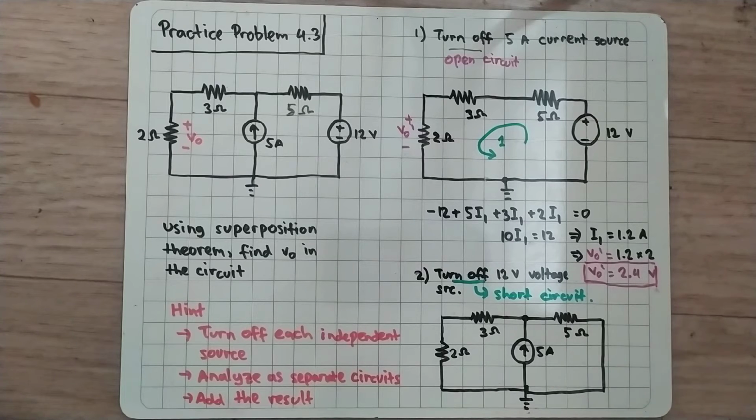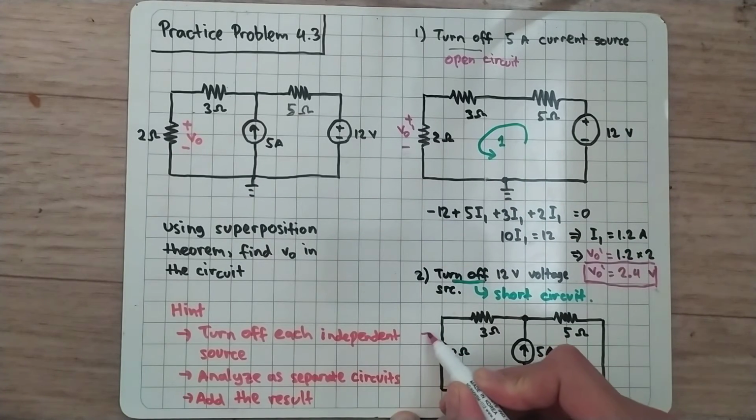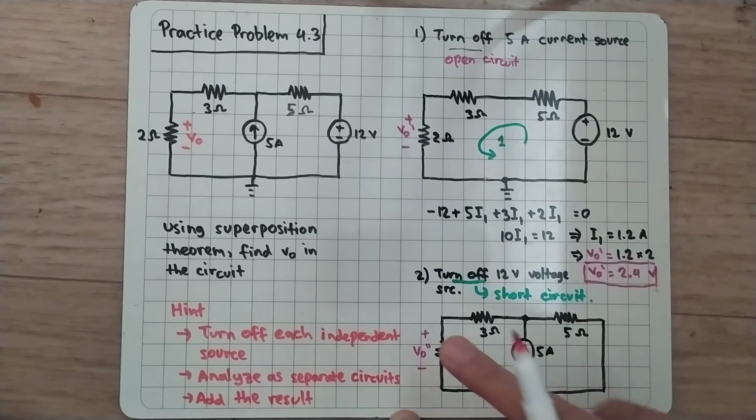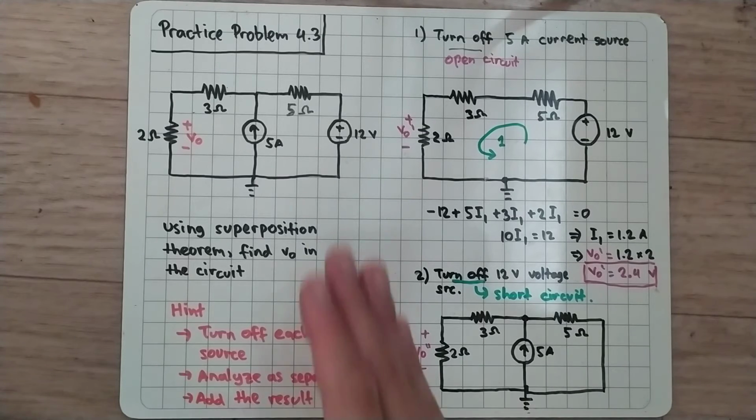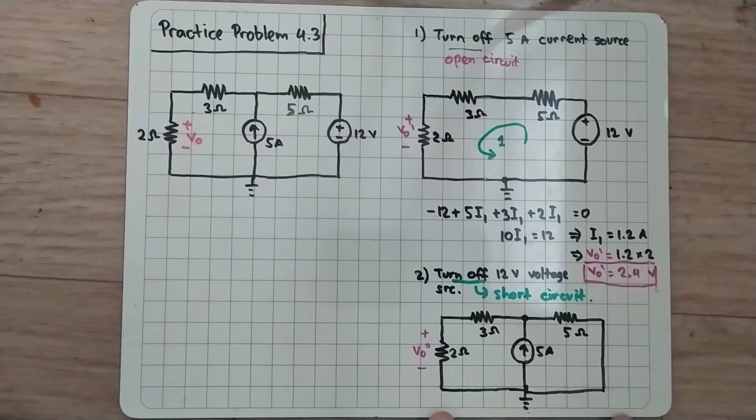Now we analyze this circuit and we are asked to find V0. So let's name this V0 double prime. We find V0 double prime using this circuit, and I think we are running out of space. Let me erase this side of the board first. So now we have this circuit here and we want to find out V0 here, and I want to use nodal analysis.